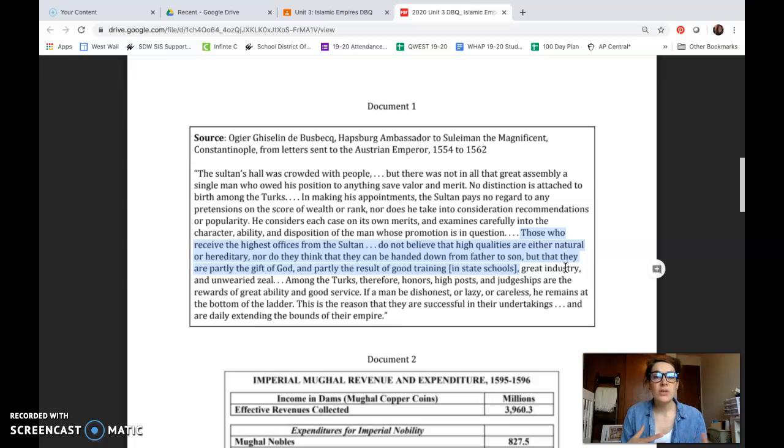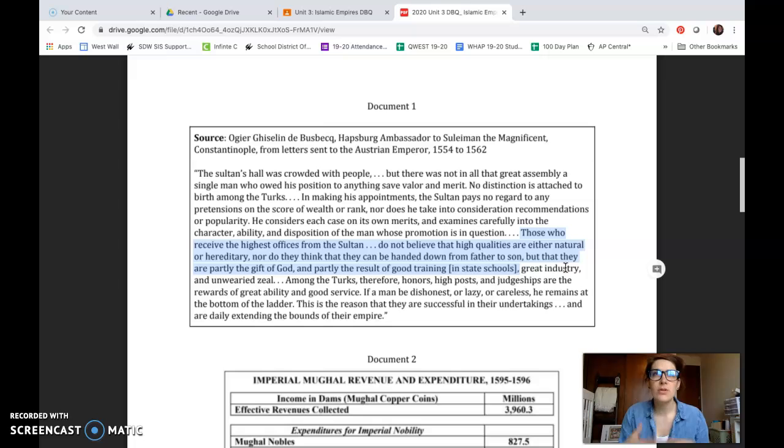So he's not going to judge people based on how much money they have or who they know, their connections. It's really all about that good training and the unwearied zeal, or this idea that you're going to work hard. And this is something, even thinking modern day, that people want within a government system.